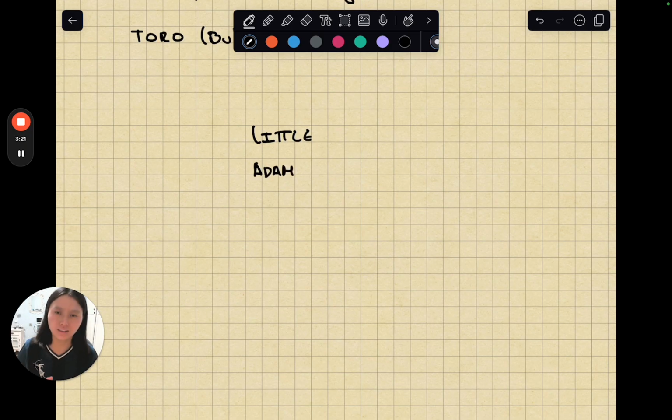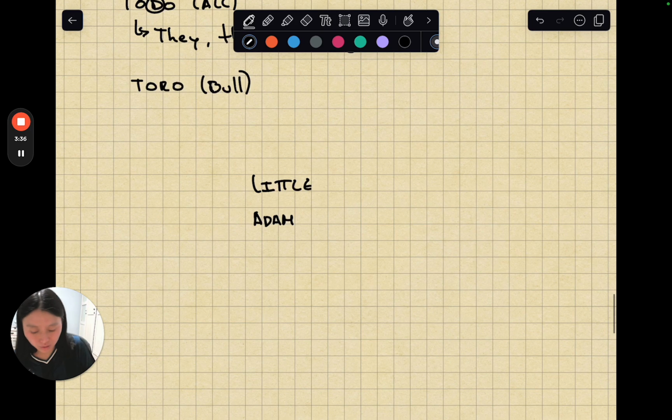Again, I'm not a native speaker, so I may be mispronouncing this, but you don't say it with a hard D, right? That little D that is not a D is very similar to the R in "toro". So Adam, toro. Little, toro. You see that? That's the whole point.